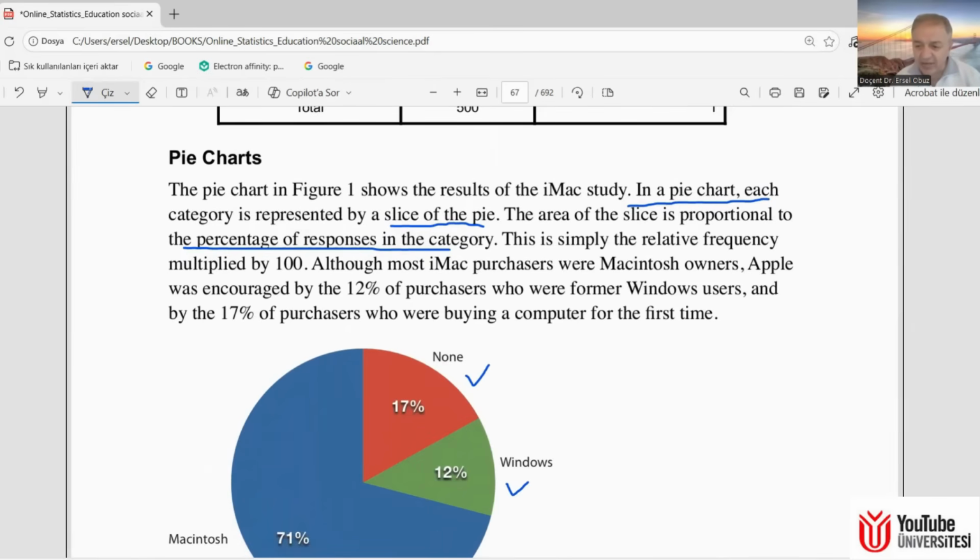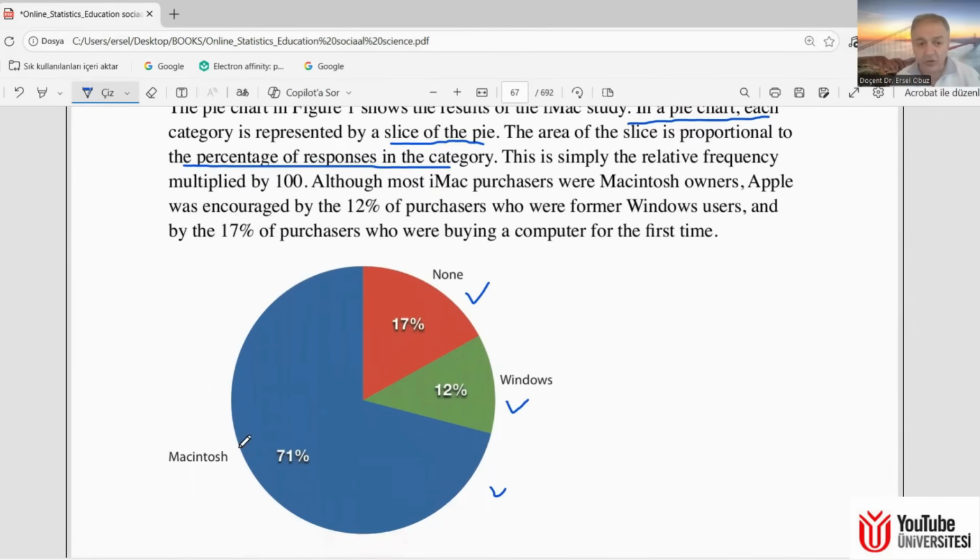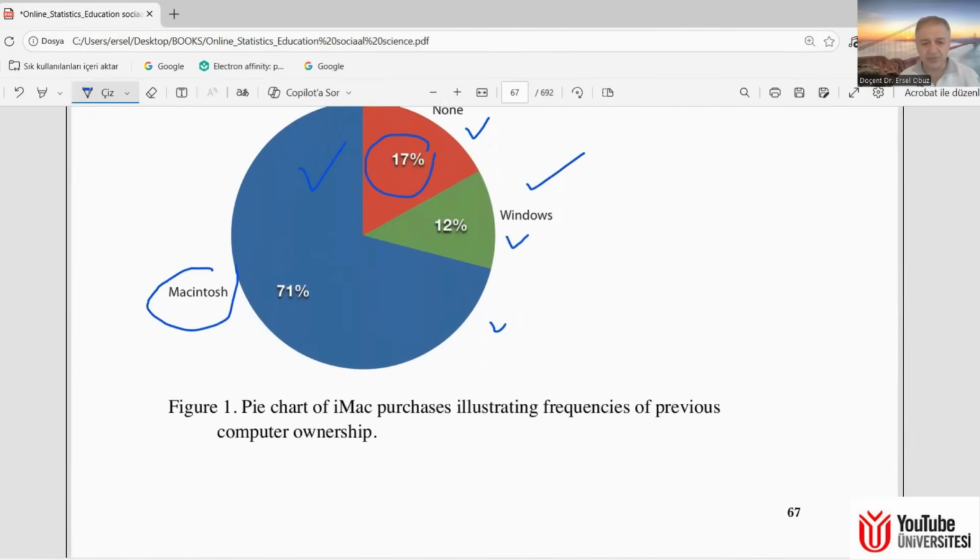The biggest share will belong to Mac owners, 71%, and then 17% didn't have computers before, and 12% were Windows users. You see, pie charts are really easy to read. So this is the pie chart.